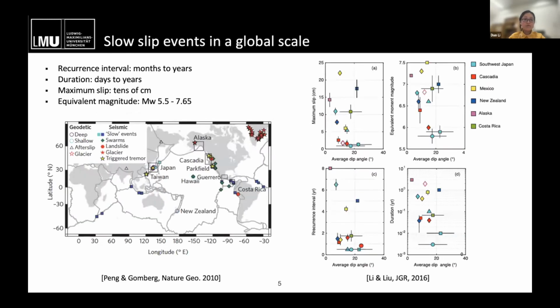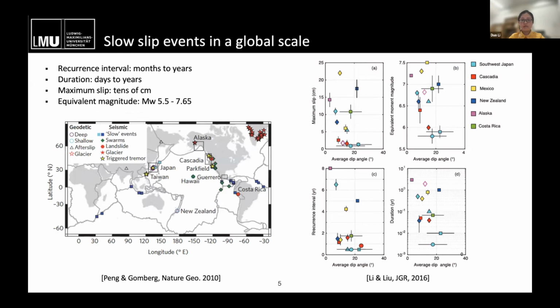Most slow slip events are observed in subduction zones. Here we compare the long-term repeated slow slip from 6 major subduction zones in the figure on the right.